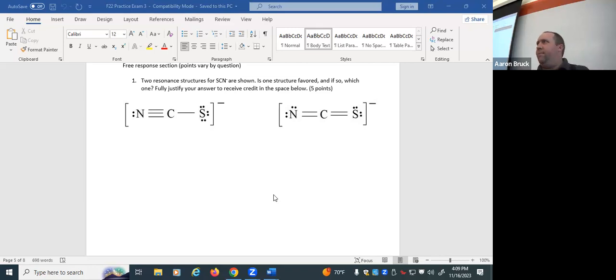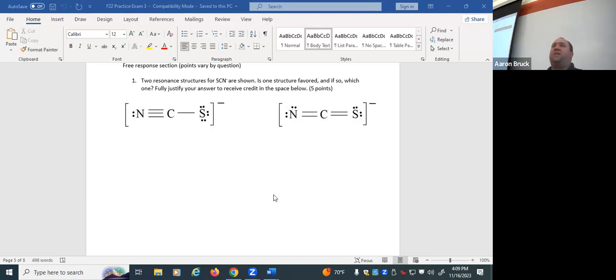I think we put a chlorine instead of the sulfur. Nonetheless, we have to evaluate which of these structures are favored if there is a preference.